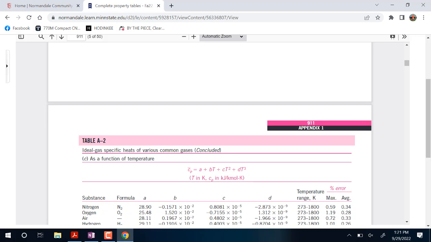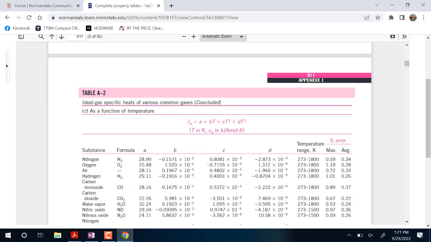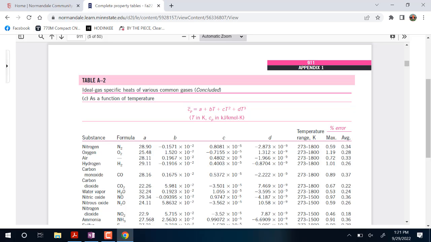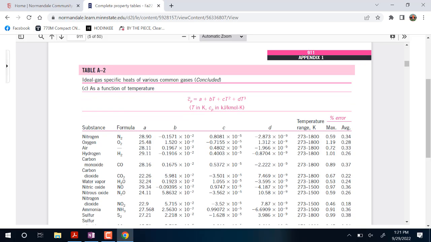Yeah, I didn't mention this and we're not going to do this, but this is a good thing to be aware of. It's easy to find polynomial curve fits to specific heats with temperature. Here's a cubic polynomial. Now this is molar, so you'd have to do some conversions. But you can see this is within 1% error over a temperature range of 1,500 degrees.